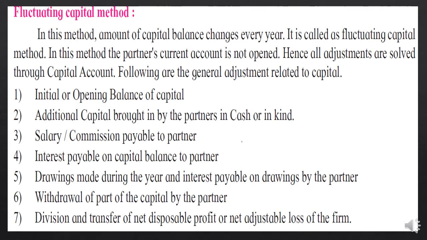In this method, the partner's current account is not opened. Simply, students, in the first method we open the current account, meaning we have to prepare two accounts, and in the fluctuating method we prepare only one account, the capital account of the partners.